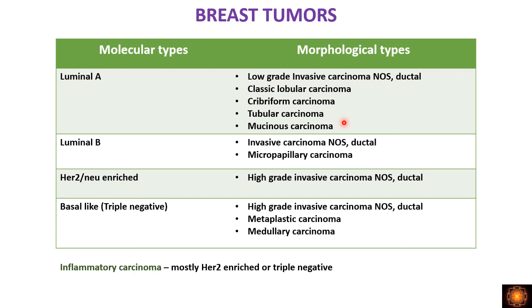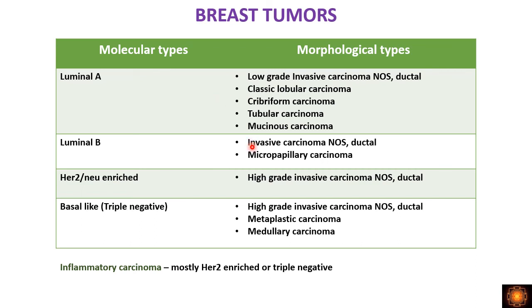Low grades are usually luminal A, whereas high grades will be luminal B, HER2 enriched or basal-like. The remaining carcinomas are very specific, like the lobular carcinoma, cribriform, tubular, mucinous. These are usually luminal A type, meaning they are ER/PR positive, HER2 negative, and have a low Ki67.